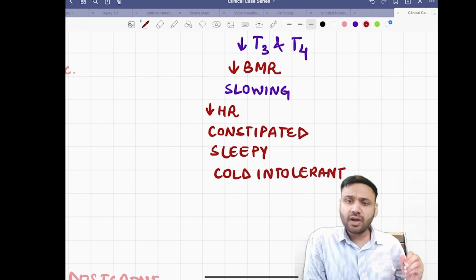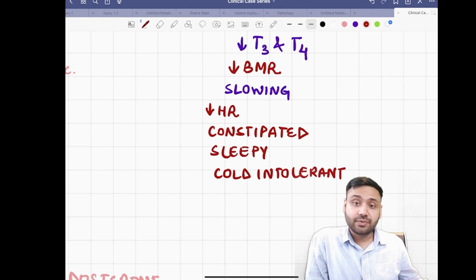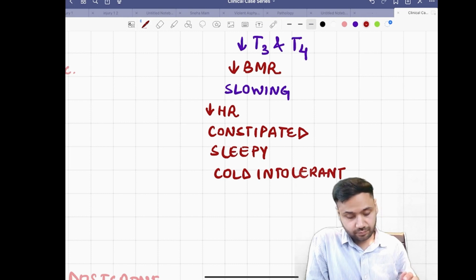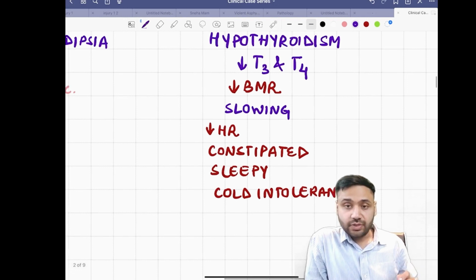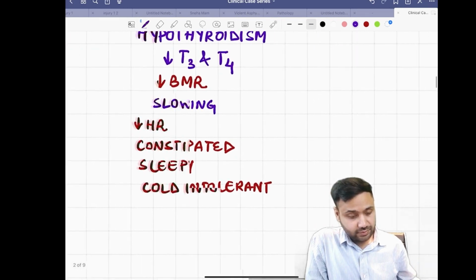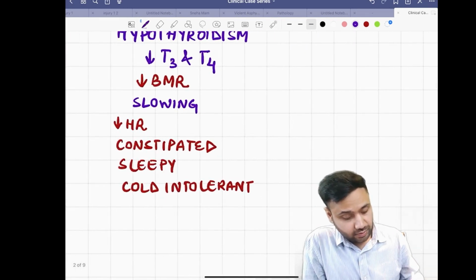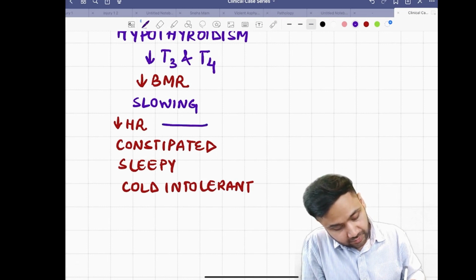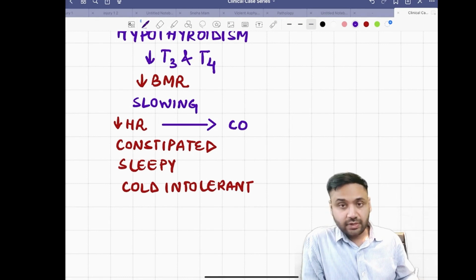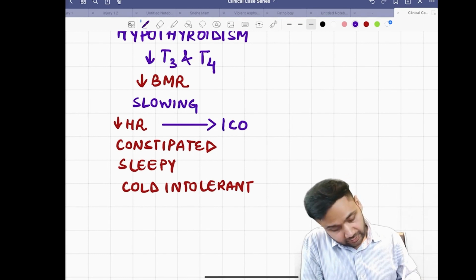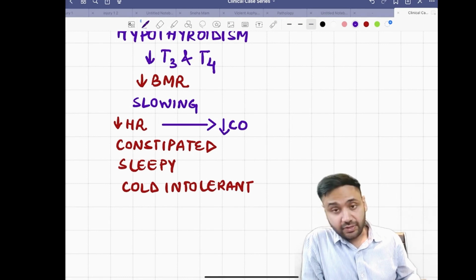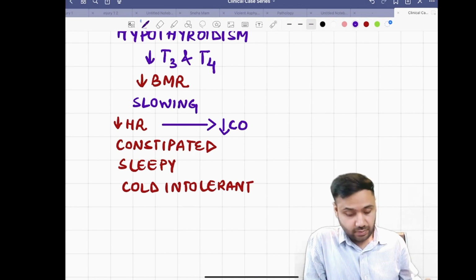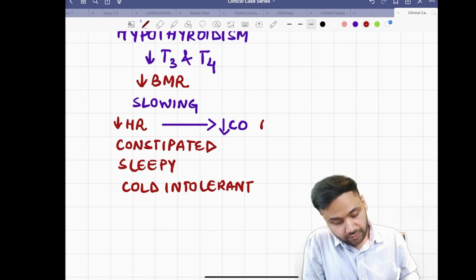Now, how does hypothyroidism cause hyponatremia? As the body slows down, the heart rate slows down, resulting in decreased cardiac output. This decreased cardiac output is sensed by baroreceptors.